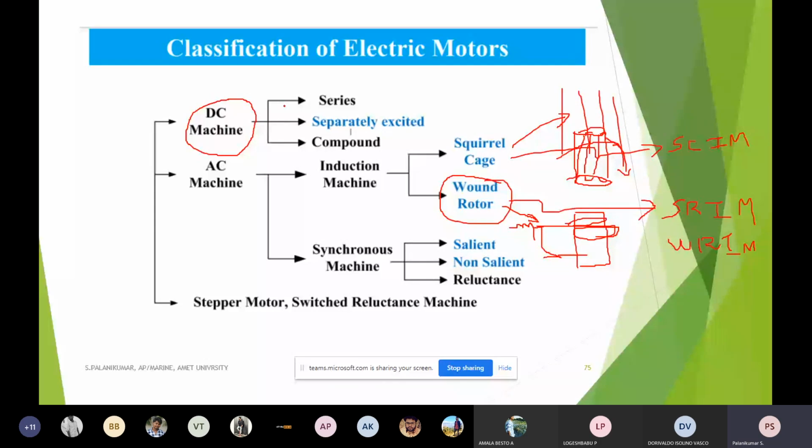It is an advanced version, avoiding the brush electronically. Whatever induced EMF appears on the rotor is converted using a rectifier bundled with the rotor, without electrical contact. It produces a rectified output, and that is called a brushless DC motor. That is Chevrolet.